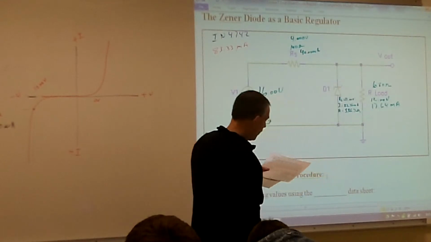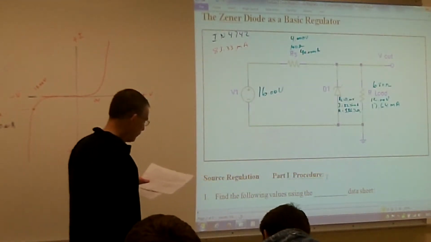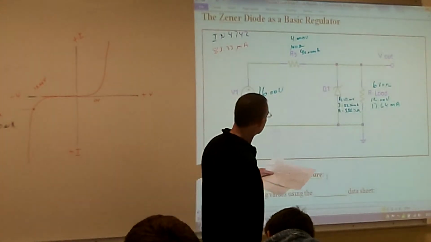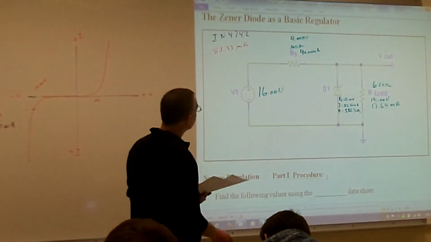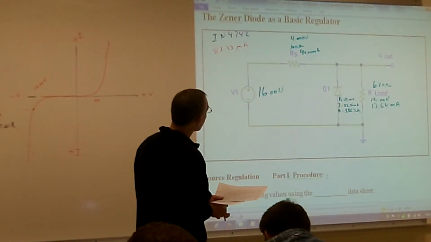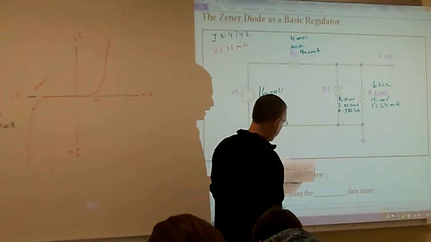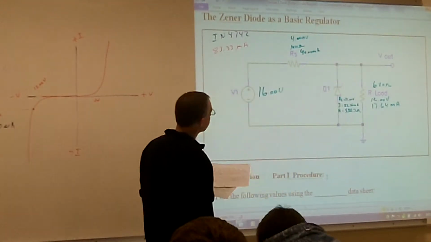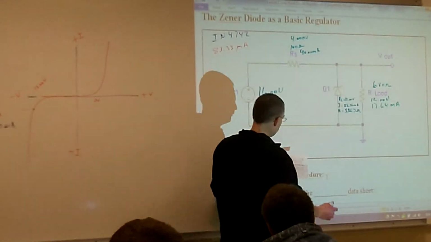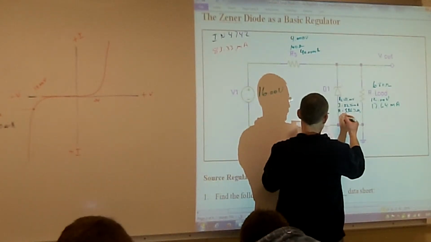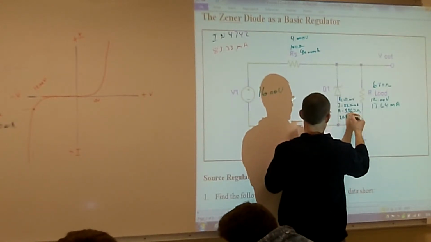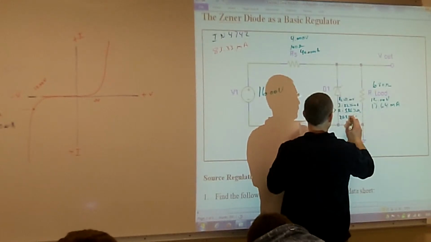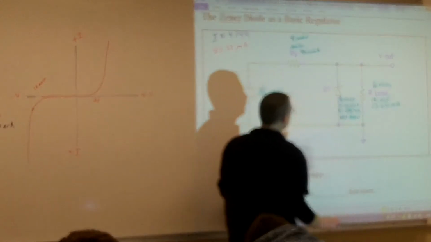And then what's my power of my diode now? If I have less current going through there, what do you expect my power to do across it? Get less. So what is my actual power then going across my Zener? I had 268.32, but 268.13 milliwatts.